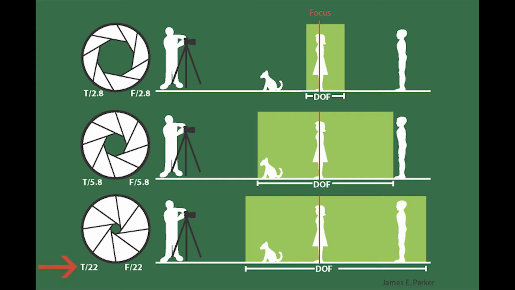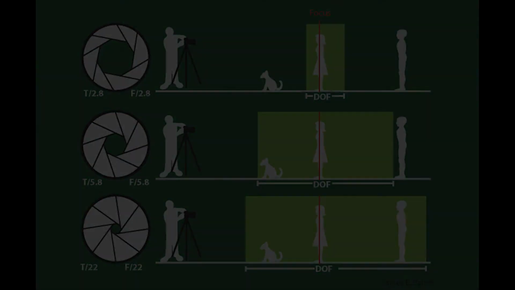At f22, you can see that our depth of field is increased considerably to include the dog and the young man in the back. Now the dog and the young man would not be as sharp as she is because, again, as we move away from that focal plane, the red line, forward or backwards, we lose more focus. It's a characteristic of optics that the area in front of the focal plane will go out of focus quicker than the area behind the focal plane, as you can see in the graphic.